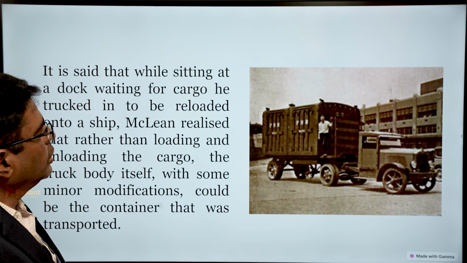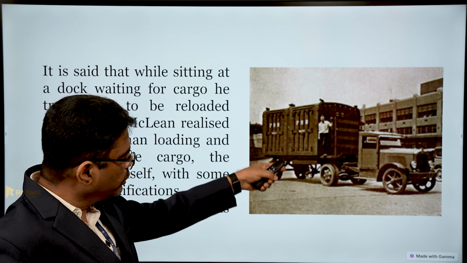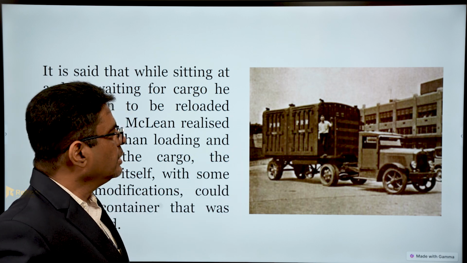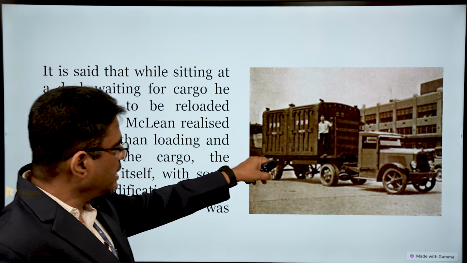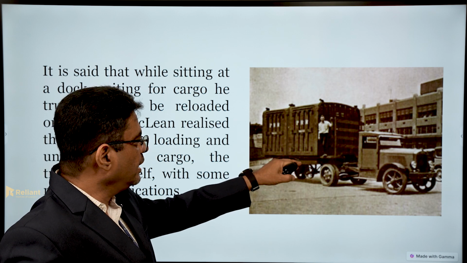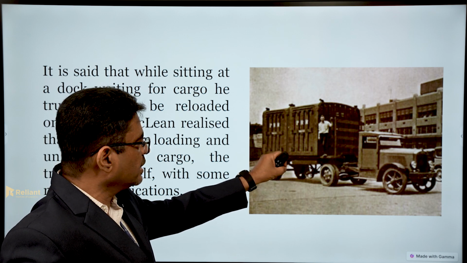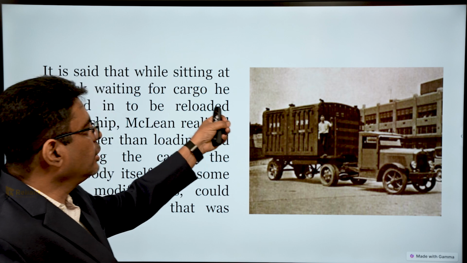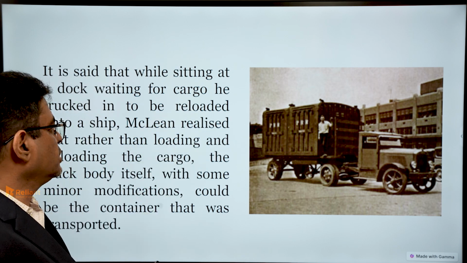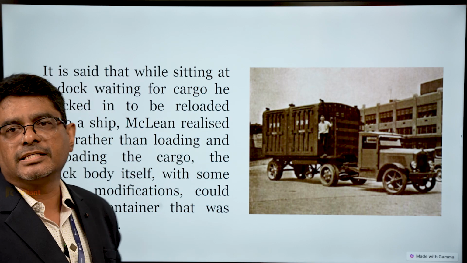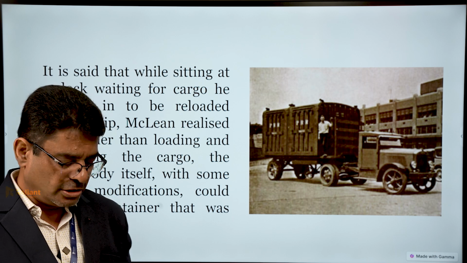Instead of unloading the cargo from the truck, he made some minor modification on the truck, which enabled the truck body to be lifted and loaded onto the ship. This is how containerization initially started.